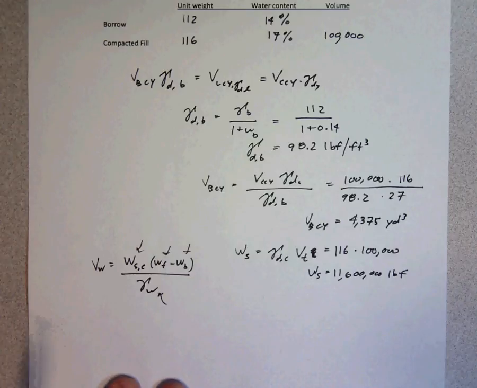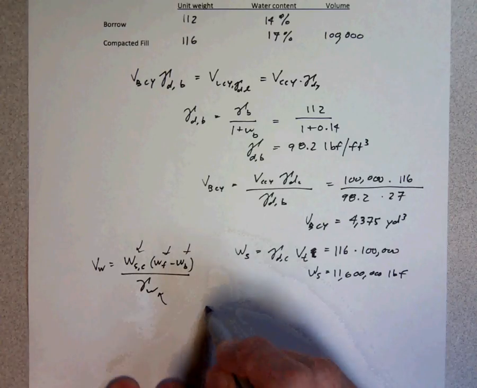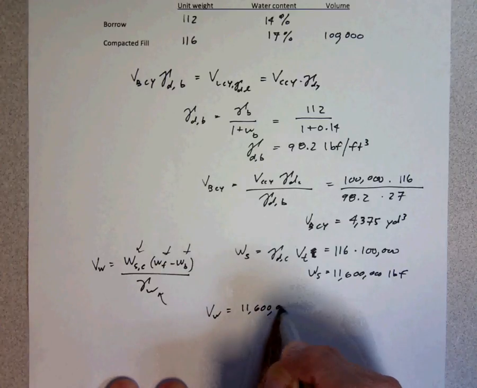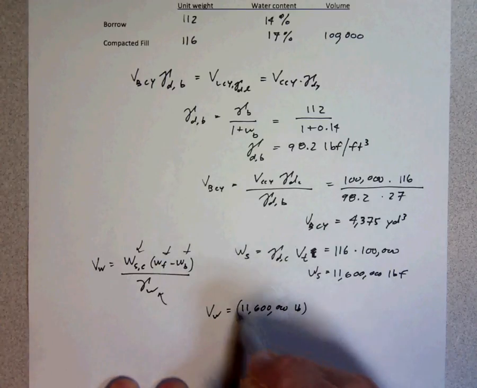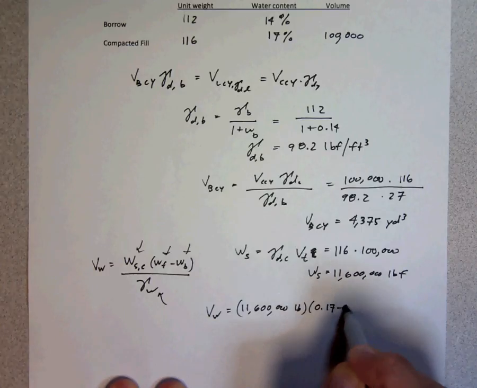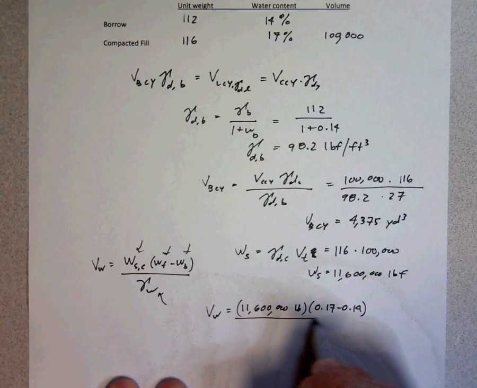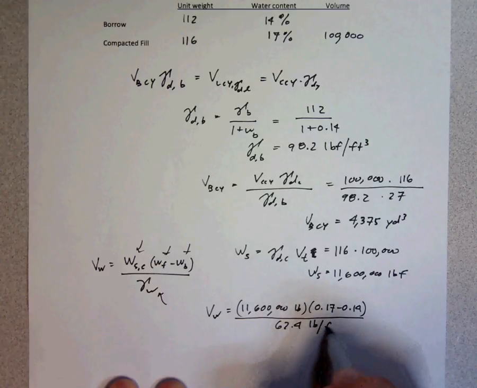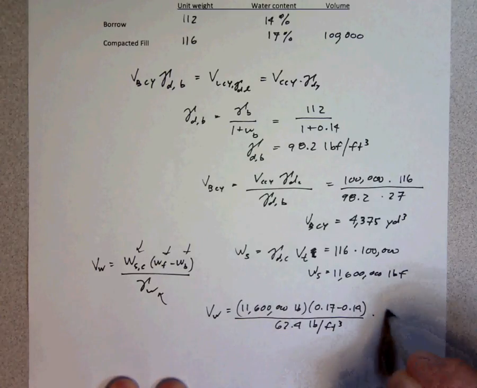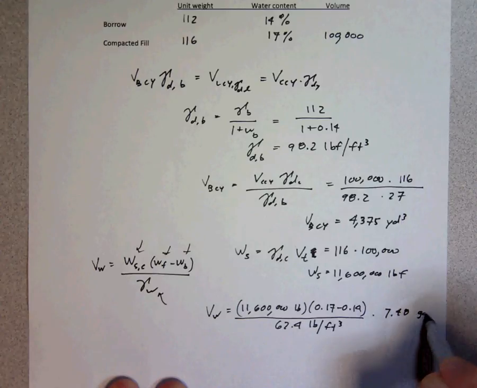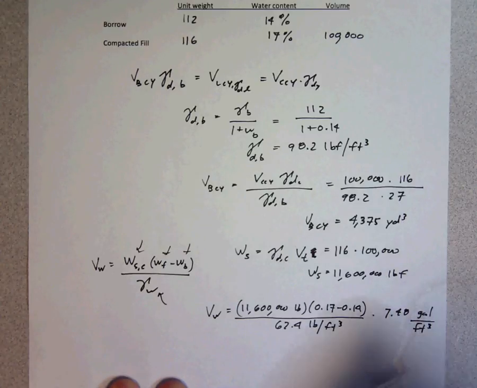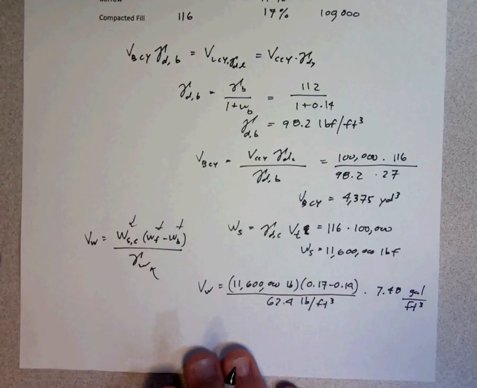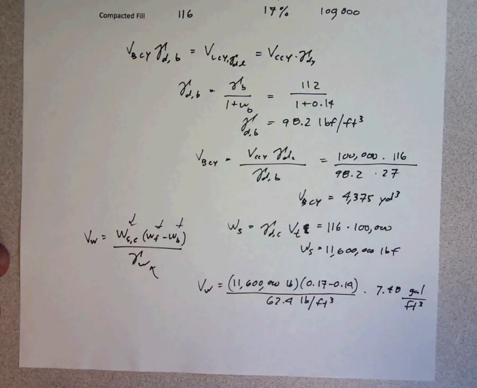And that's fairly straightforward. So water contents, 62.4. Put that one to memory. And here's another one you're going to want to put to memory, or at least have it somewhere handy in case you don't trust your memory, and that's that each cubic foot of water is 7.48 gallons.